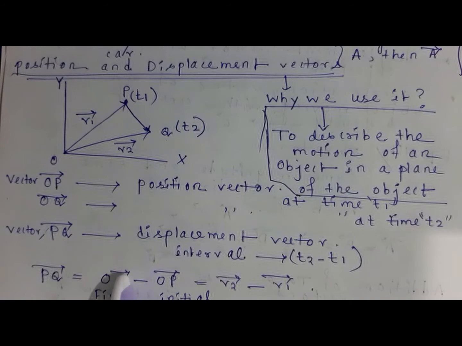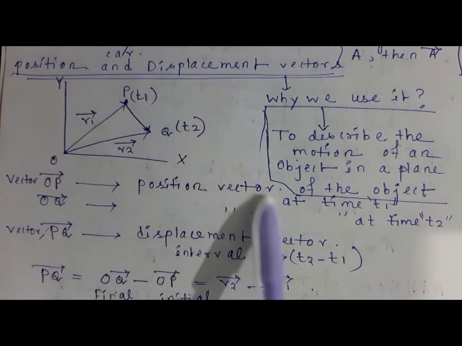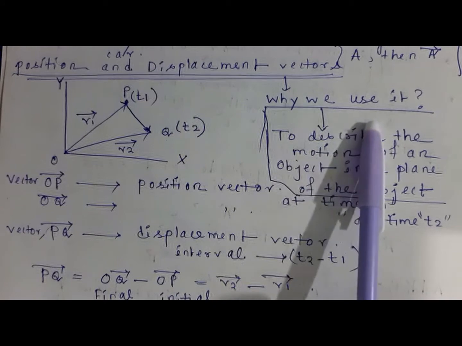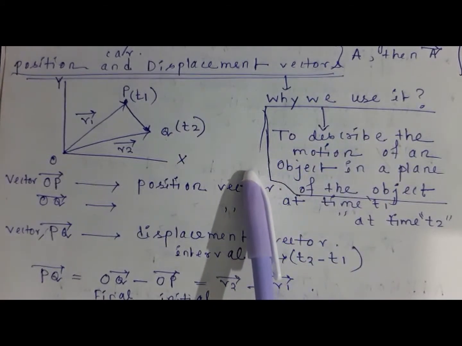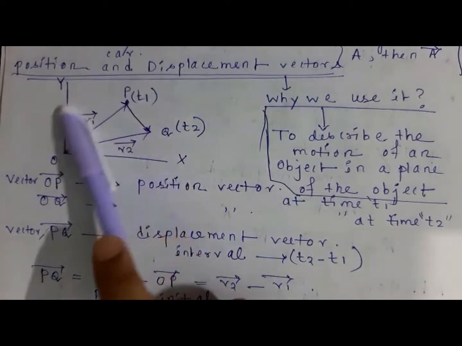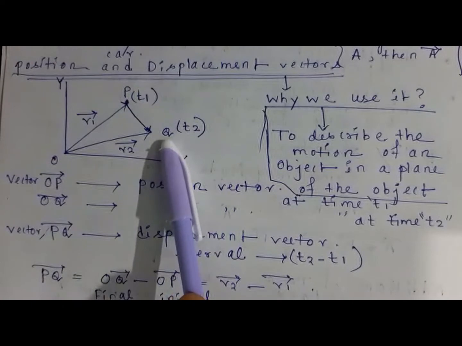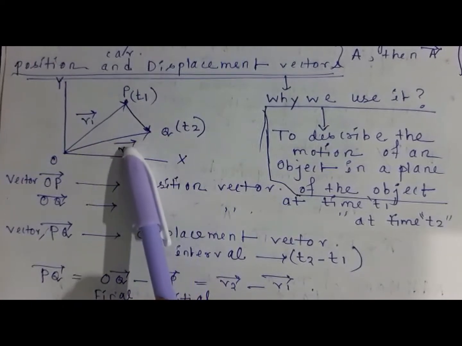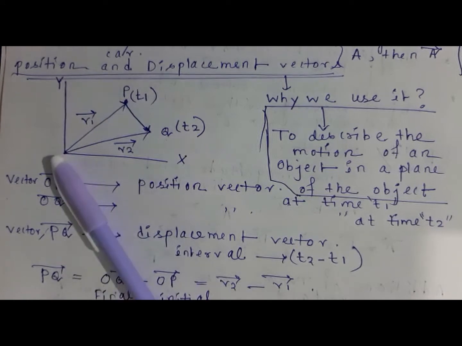Like this you can find the displacement vector. Now why do we need position and displacement vectors? Basically, we use them to describe the motion of an object in a plane. In this plane your object has moved from p to q, so this is actually used to describe the motion of the object.